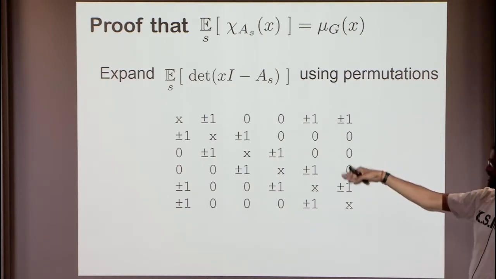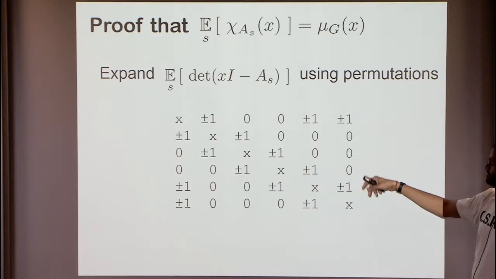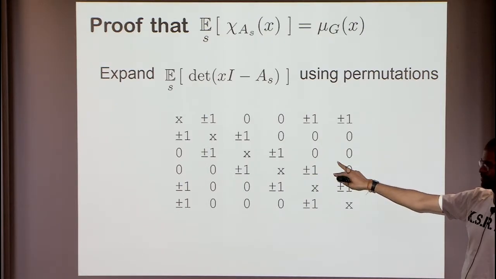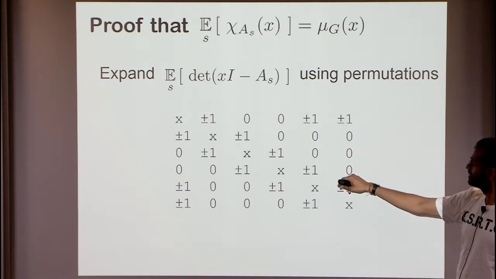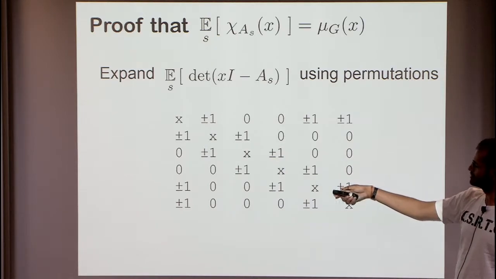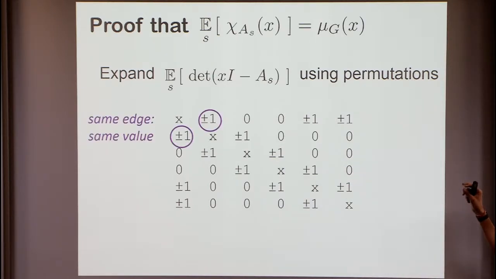So it has x's on the diagonal, and it has random plus minus 1 variables on the rest of the entries, which correspond to edges. For every edge, you actually have 2 entries, which are going to get the same value. But apart from that, they're IID. So all the signs are plus minus 1 IID.